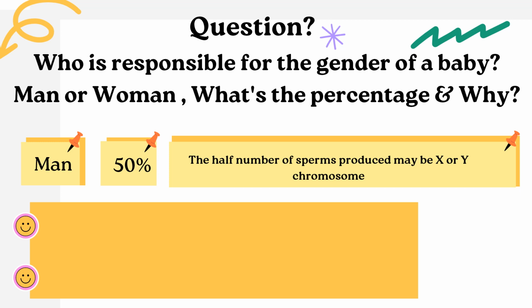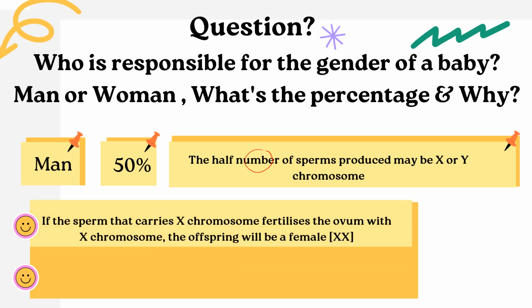خلي بالكم من كلمة the half number. في ناس بتلخبط وتكتب the half of the sperm. مفيش حاجة اسمها half of the sperm، لكن the half number of sperm. طب يعني ايه؟ قالك for example كده لو عندي في ال ejaculation الواحدة طالع for example million number of sperm يبقى تقريبا نص مليون منهم X ونص مليون تاني منهم Y. If the sperm that carries X chromosome fertilizes the ovum اللي هي برضو X chromosome هنلاقي إن ال offspring will be a female carrying XX chromosome.